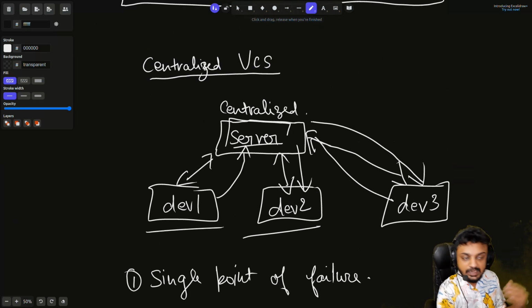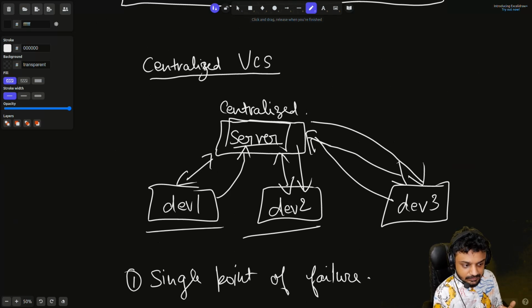Let's say the computer that I'm writing all of this on, I shut it down for 1 hour, or I have an electricity cut or something happens, and this server is down for some time.